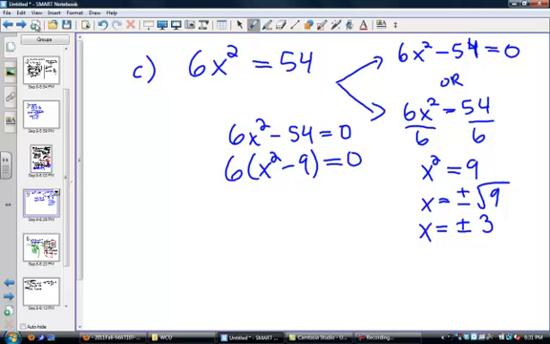It factors as x plus 3 and x minus 3. So it would be more obvious that those are your two answers. So do it however you want. I showed you two ways. There's this other way that you could do. It requires you not to forget about plus or minus. Here, there's no even worrying about it. x is equal to negative 3 or x is equal to 3.